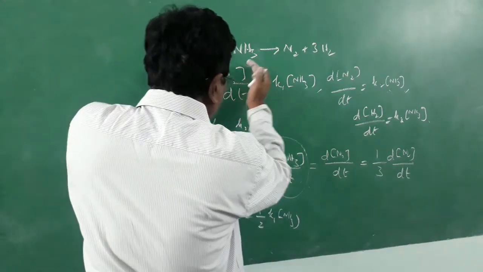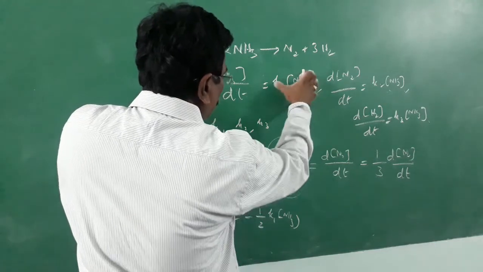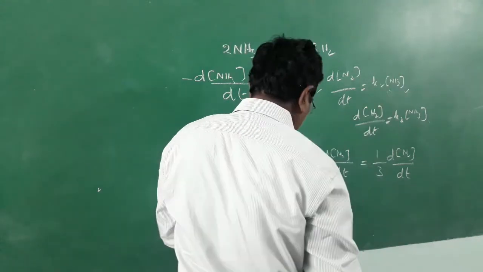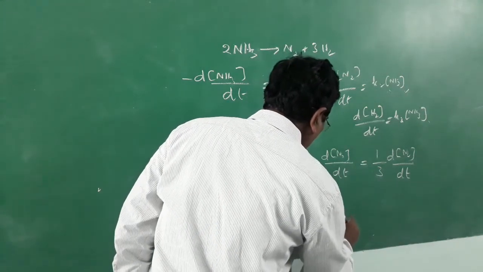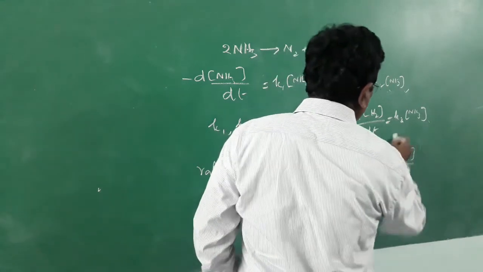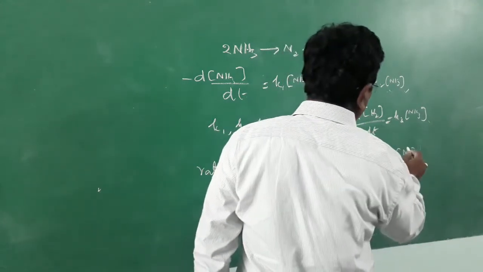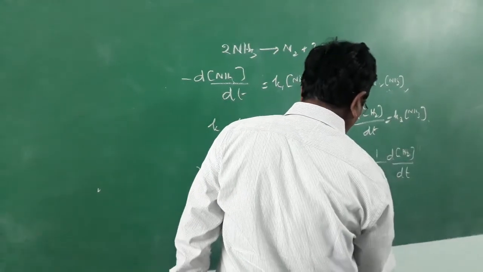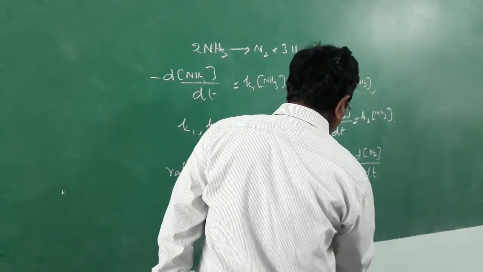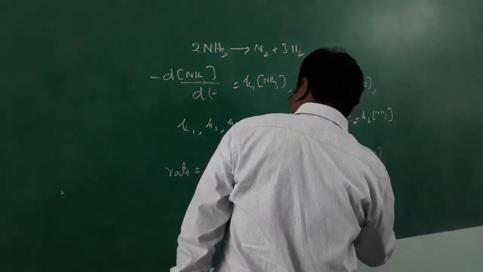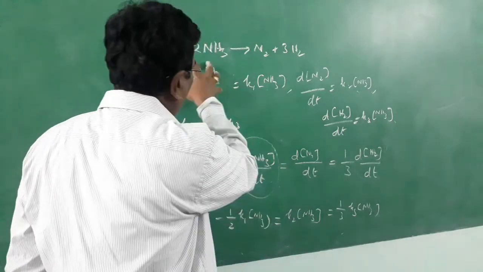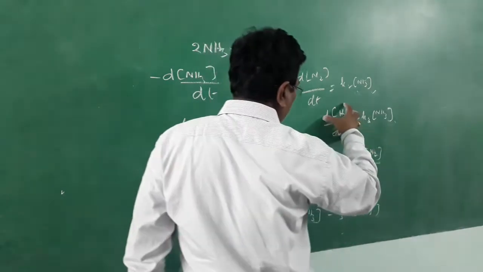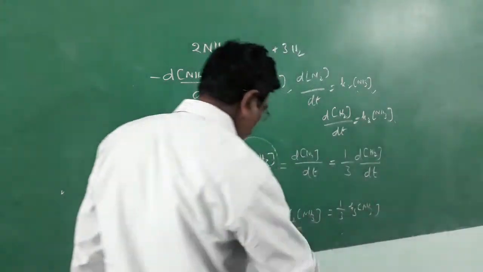This part is equal to K1 NH3, this part is equal to K2 NH3, and this part alone, d of H2 by dt, is K3, therefore 1 by 3 remains as such, K3 NH3. So we have replaced d of NH3 by dt by this one, d of N2 by dt by this one, and d of H2 by dt by this one. So we got this one.